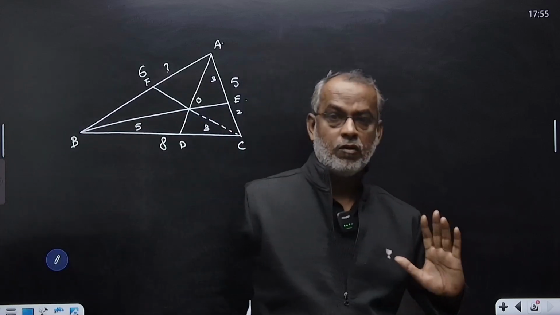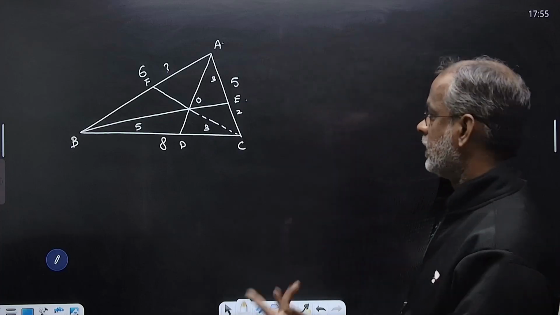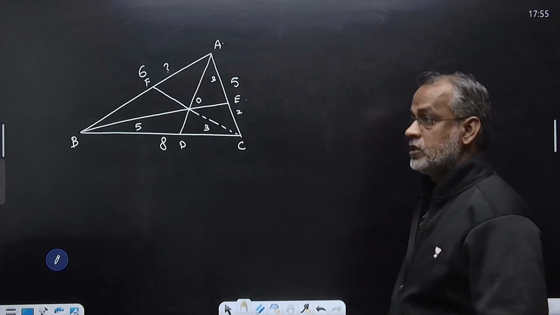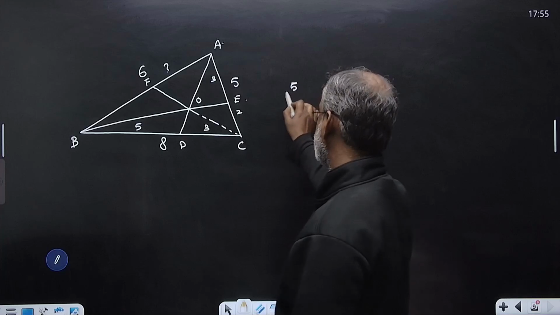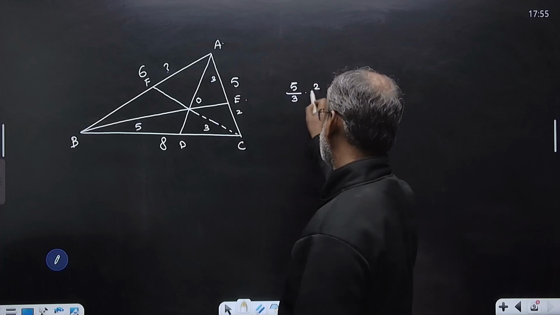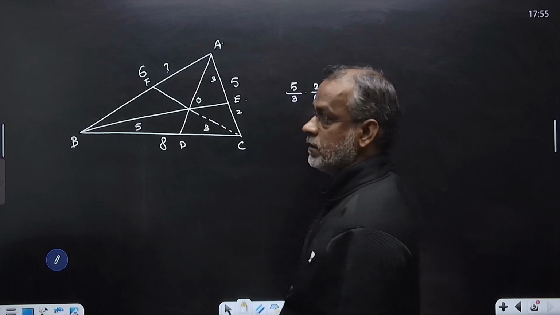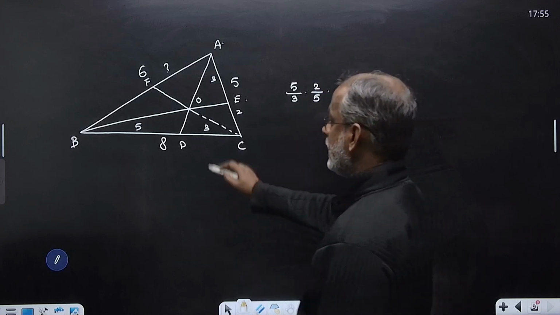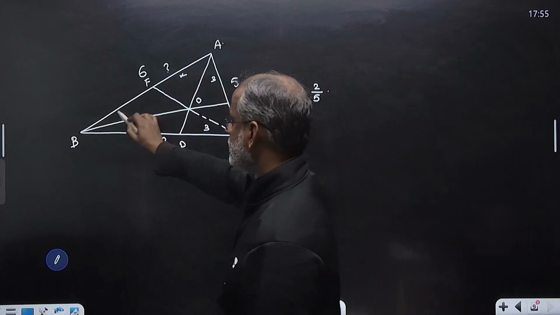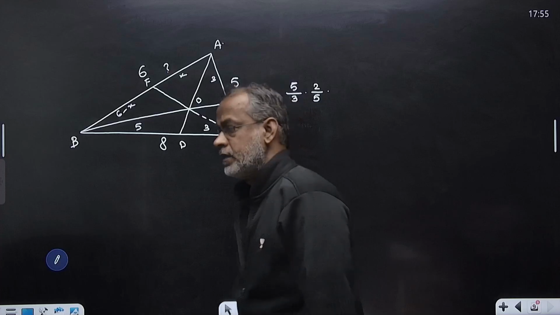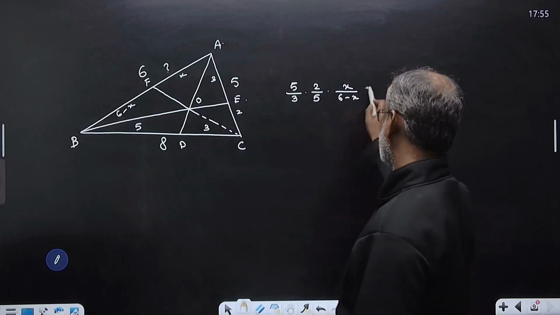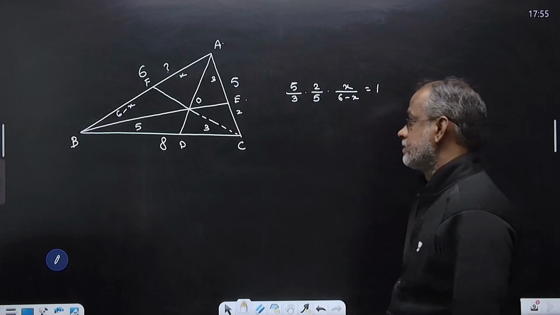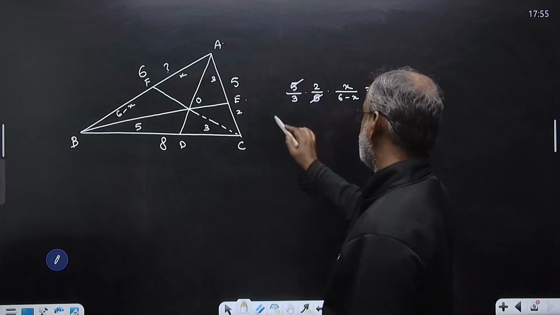This is a very common question. Once we have seen the situation, you can very easily say 5 upon 3 into 2 upon 5, into, say this is x, so this is 6 minus x, x upon 6 minus x, is 1. That's it. So, this completes the problem.